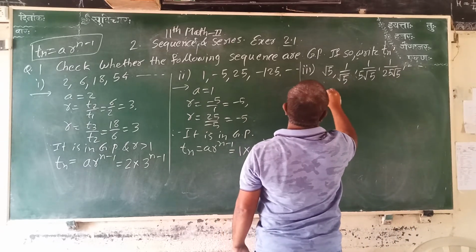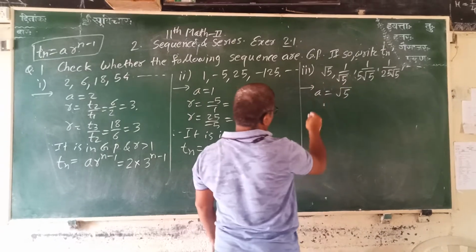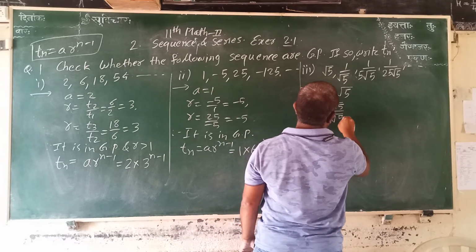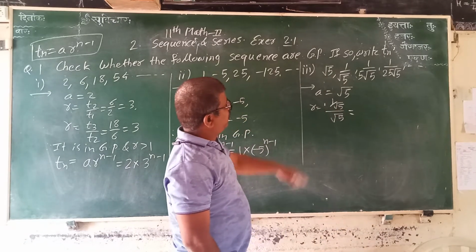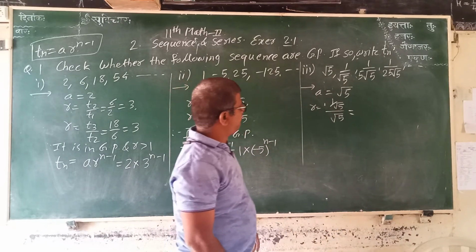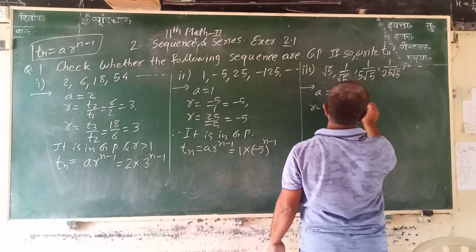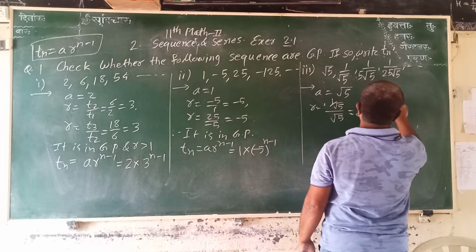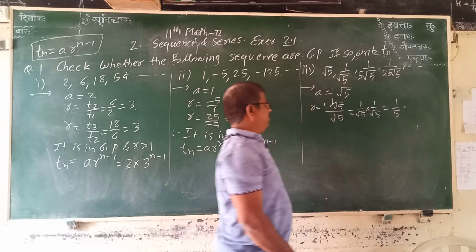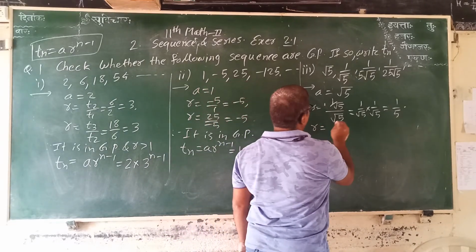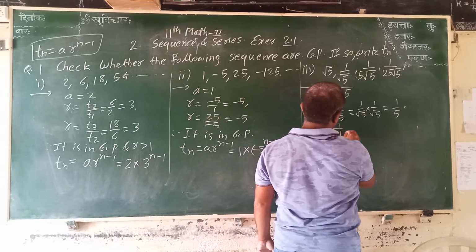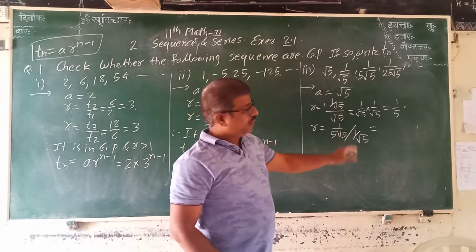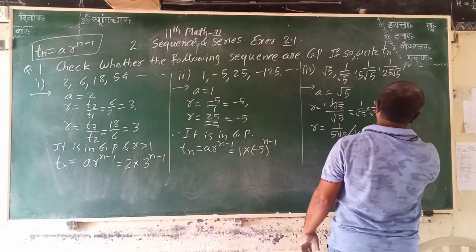Here a is equal to root 5 and r is equal to 1 upon root 5 upon root 5, what do we get? That is 1 upon root 5 into 1 upon root 5, that is equal to 1 upon 5. Therefore, r is equal to 1 upon 5 root 5 upon 1 upon root 5. Then root 5 gets cancelled and we get 1 upon 5.